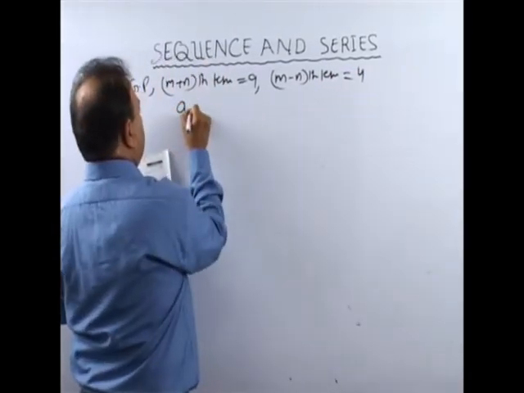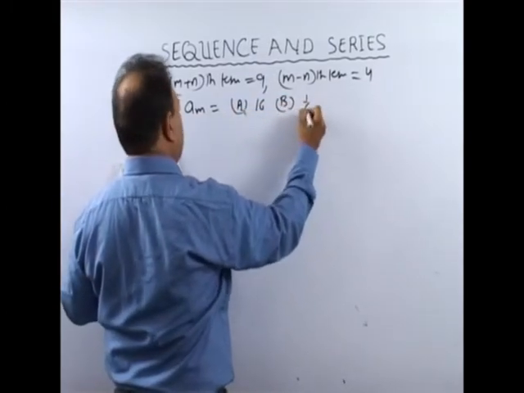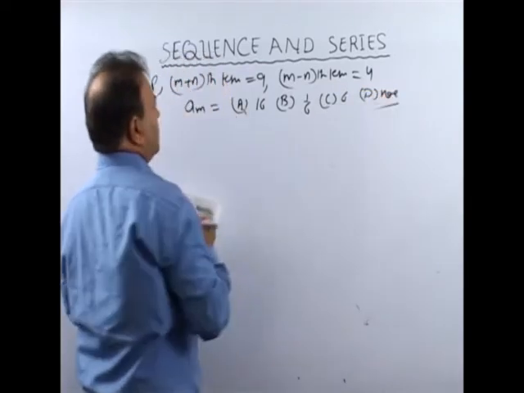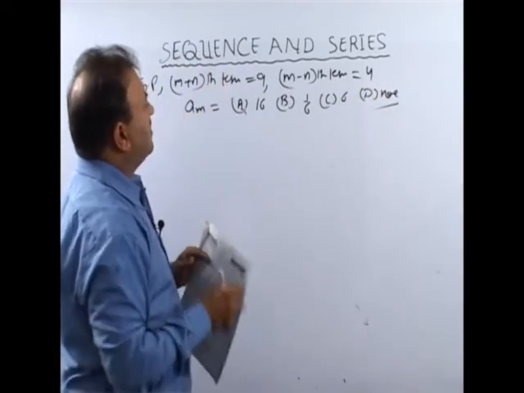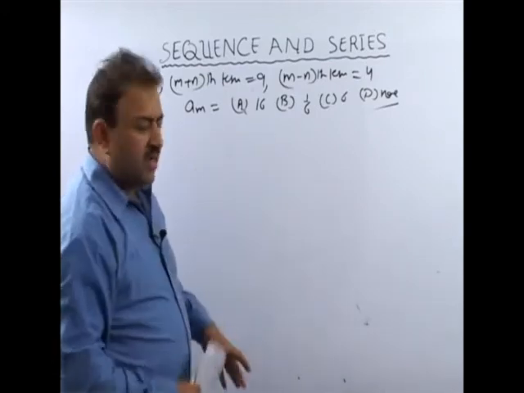Then the mth term is equal to: option a 16, b 1 by 6, c 6, d none of these. So the m plus nth term is 9, the m minus nth term is 4. We have to find out the mth term.